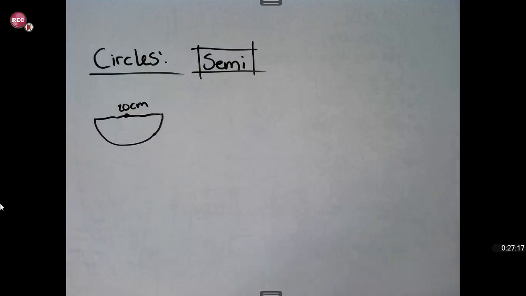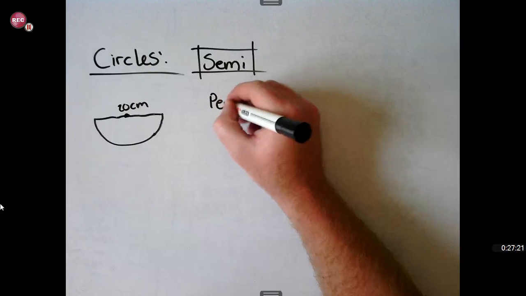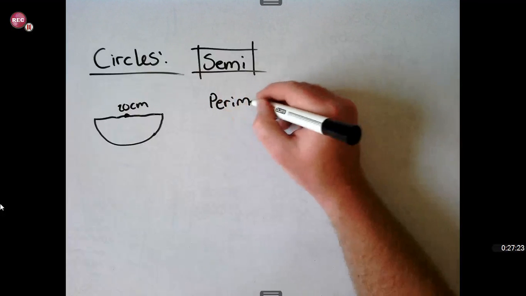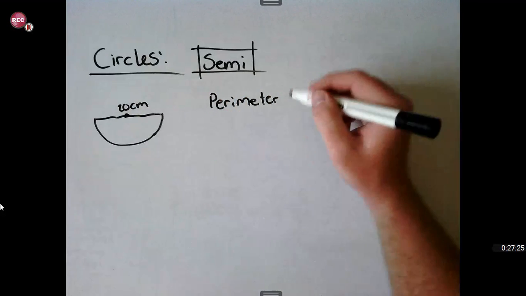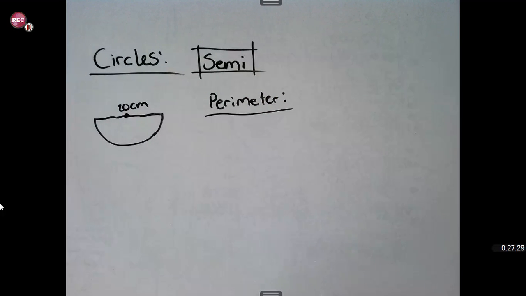Okay, with that, to calculate the perimeter of the semicircle, it works a bit different than with your full circles, okay? And the reason for that is you're not working with a full circle, which means you need to divide the actual formula by 2. Now there's 2 ways of doing it.